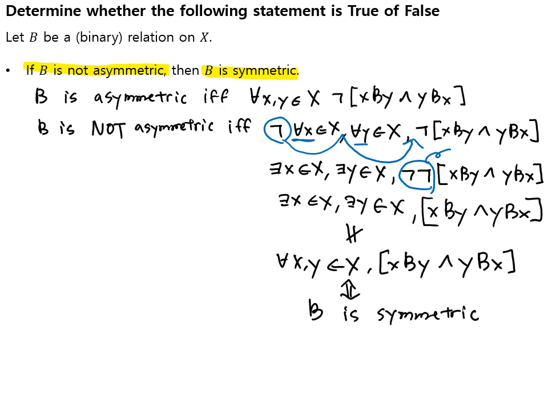Right? So this shows that the mere fact that a relation is not asymmetric does not necessarily mean that B is symmetric. Okay?